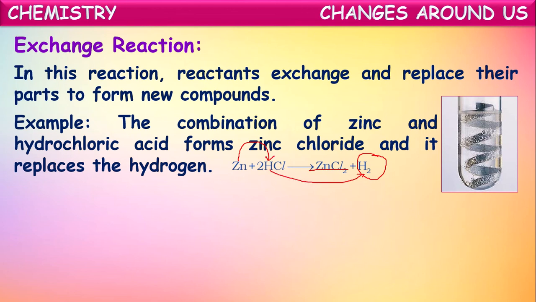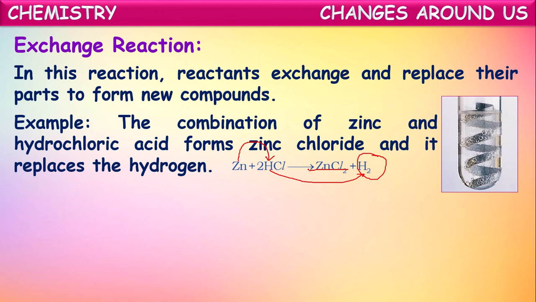Now what is happening here? It is exchanging. Hydrogen is exchanged with zinc. So that is why this kind of reaction is called an exchange reaction, which we also call a displacement reaction, because here hydrogen is displaced by zinc and a new substance is formed. That's why these reactions are also called displacement reactions.